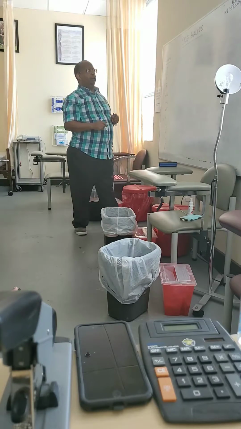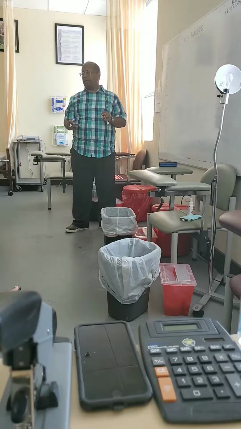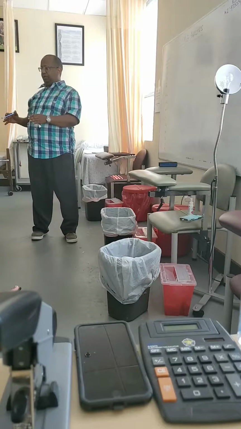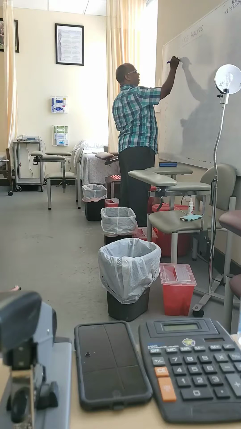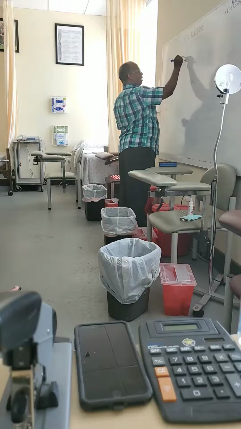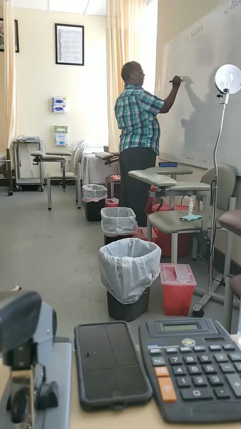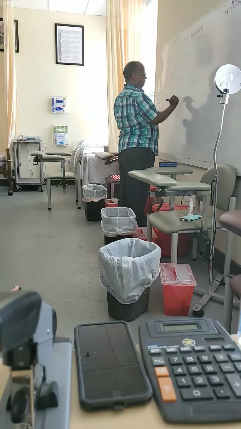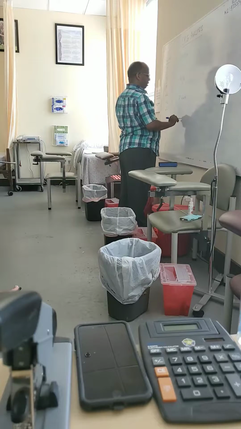On analysis, I will list for you the important analysis that you need to do in this class. So what are they? One is rhythm. Two is rate. Three is P-wave. Four is QRS.